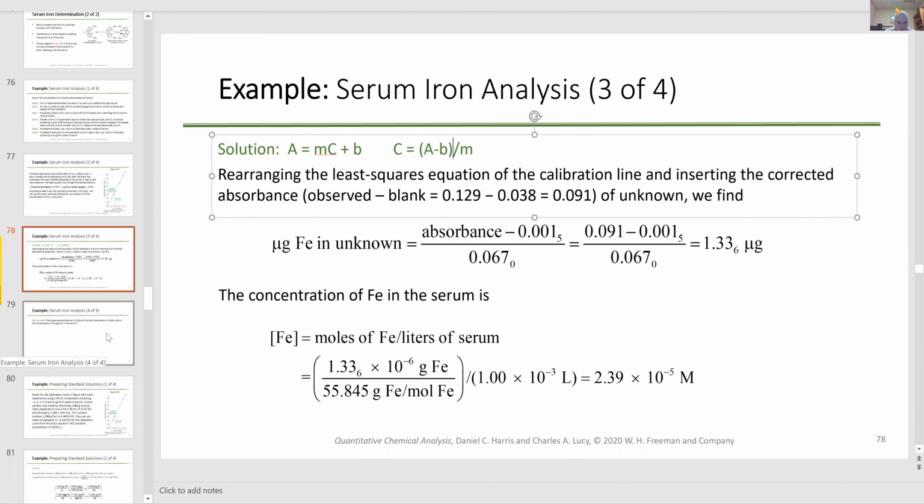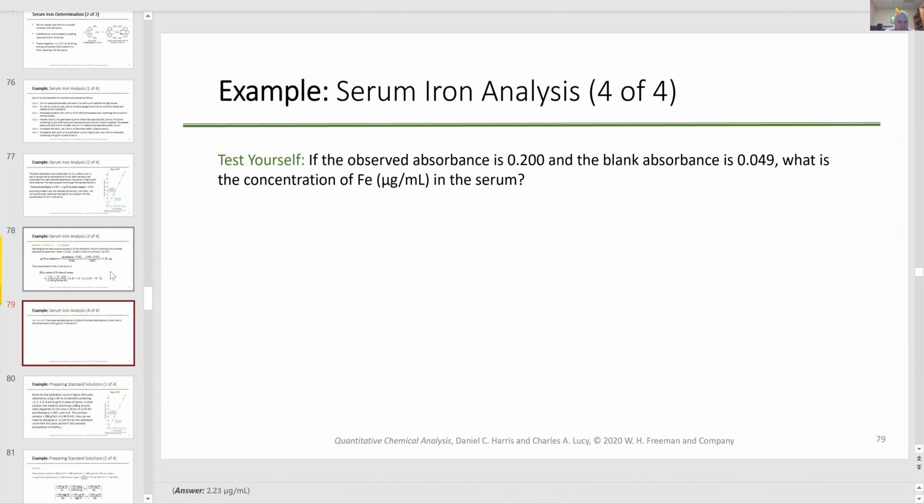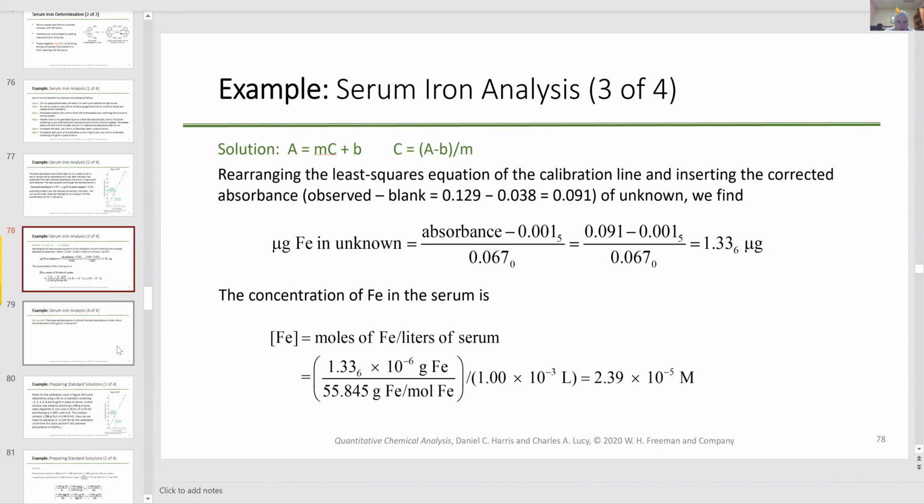So this is in micrograms per milliliter, right?